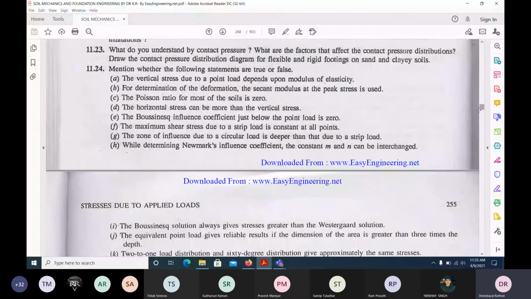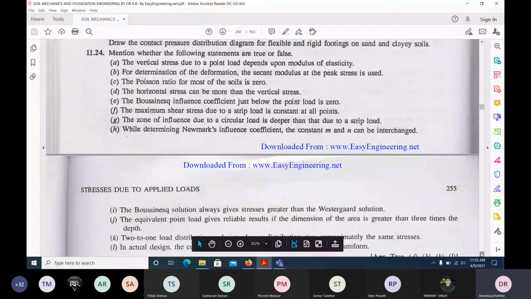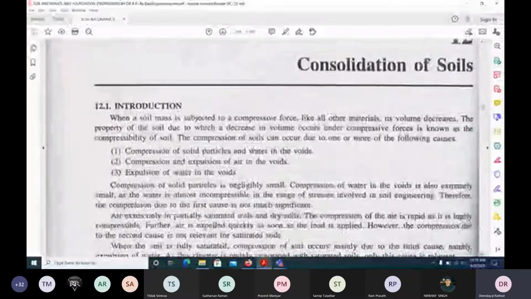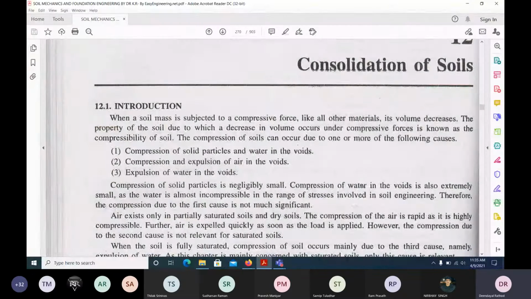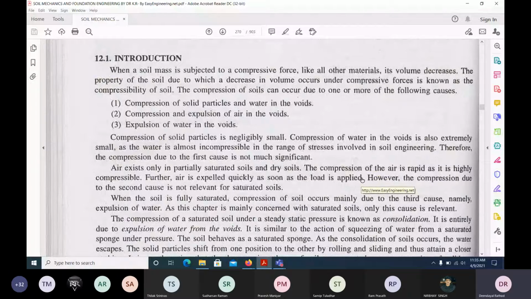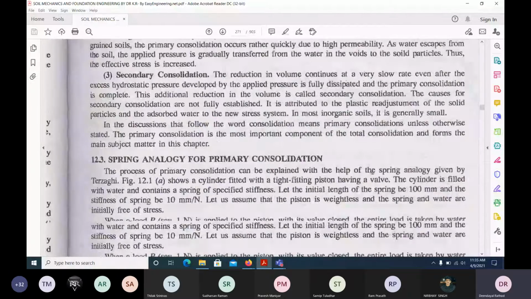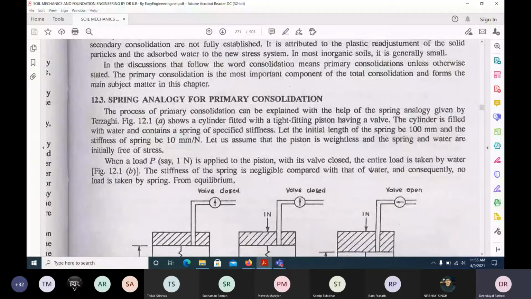Generally, it is the expulsion of water from the soil due to long-term loading. Okay, expulsion of water. We have initial consolidation, intermediate, primary, and the final. So primary consolidation is very important. So spring analog we have seen.